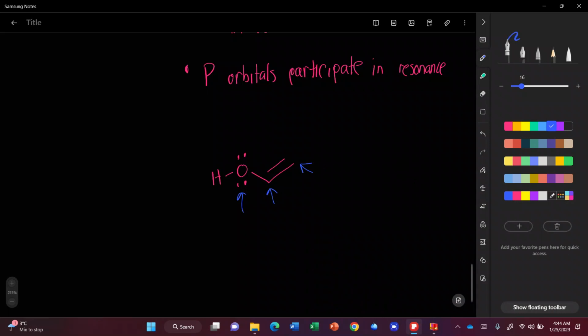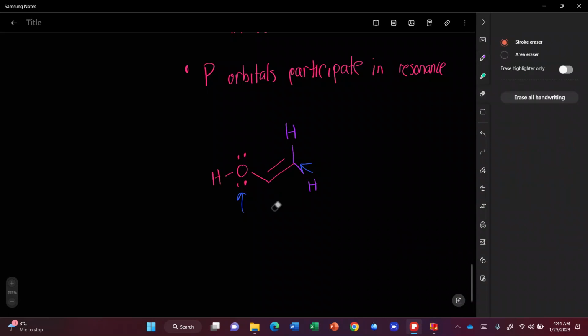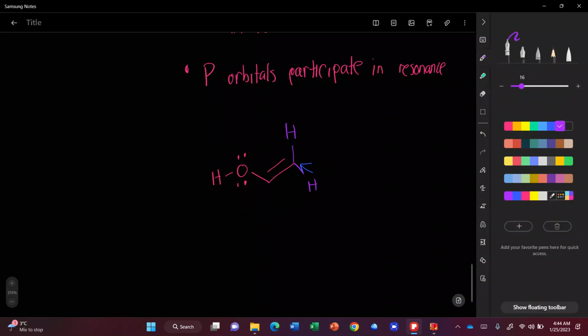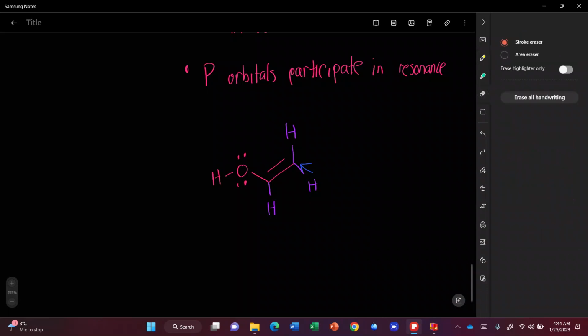So this carbon right here, if you remember, there are implied hydrogens. There's an implied hydrogen there and there. For this middle carbon, there's an implied hydrogen there. So the rightmost carbon is going to have 1, 2, 3 bonding domains, which means it is going to be sp2.